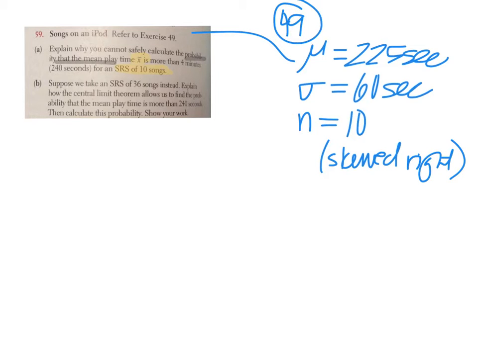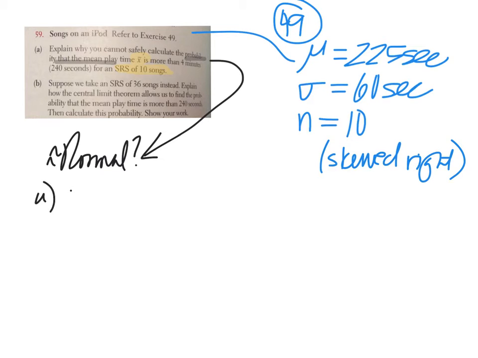So essentially they're asking us to use a normal curve to find a probability. When you see find a probability, I want you to think use a normal curve. So basically this is kind of asking indirectly, is this approximately normal? And the thing is, it's not. So we can't. The answer to this one is no.